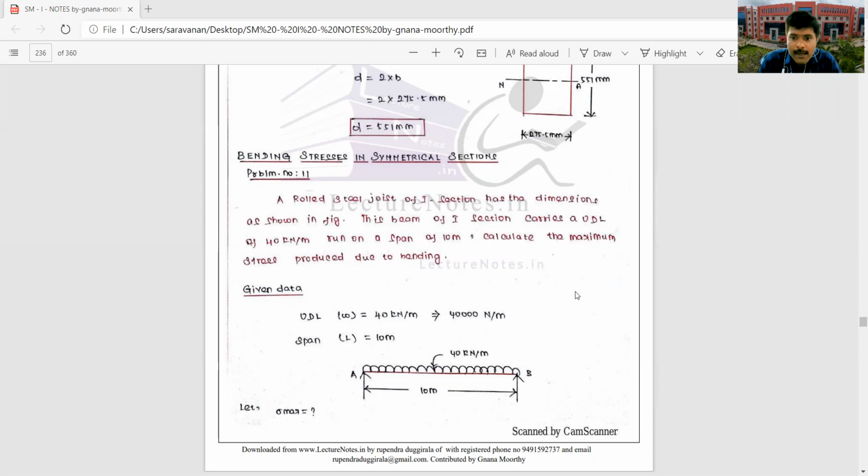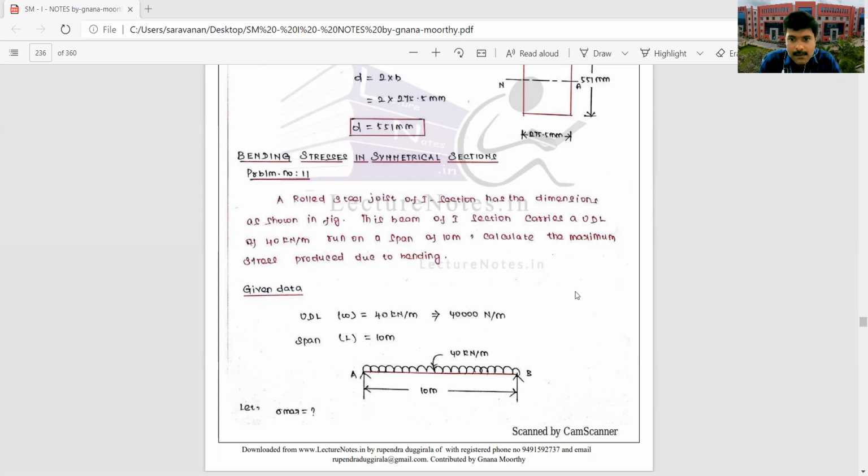This beam of I section carries a UDL of 40 kilonewton per meter run over a span of 10 meter. Calculate the maximum stress produced due to bending. So they asked you to calculate the maximum stress produced due to bending.